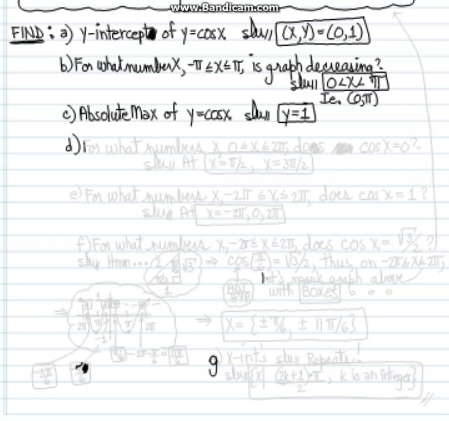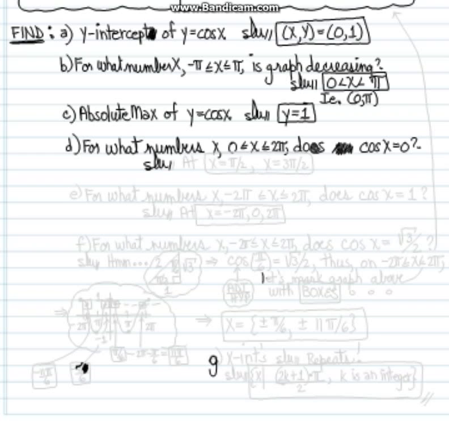Part D, for what numbers x, when you restrict x values between 0 and 2 pi, does the cosine of x equal 0? Now remember, we're restricting our x values between 0 and 2 pi.